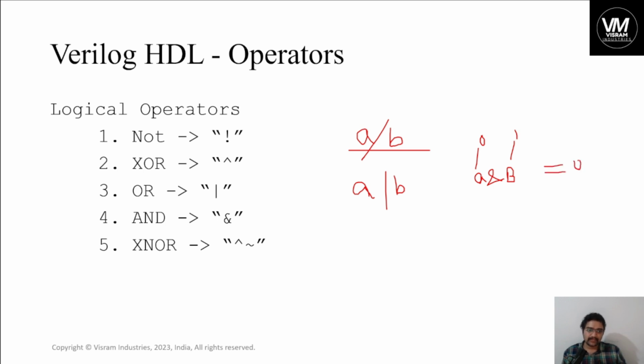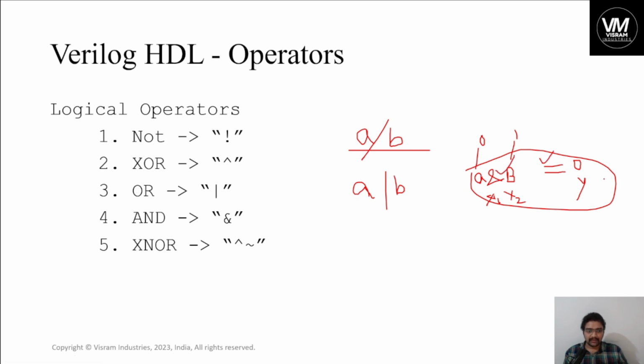A and B is 0. If one input is 0 in an AND operation, the output is 0. So this might be the output, and this might be x1, and this might be x2. These are the inputs, these are the outputs. So between inputs, the operand is derived, and this can be a Boolean equation. Boolean equations are written in this way using operators.